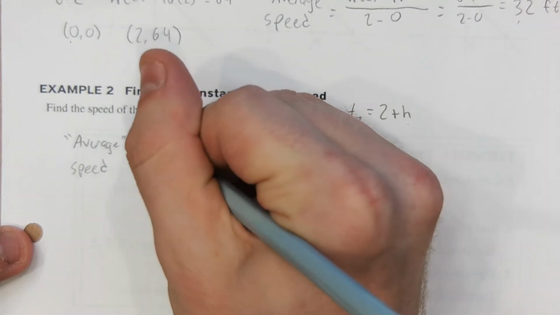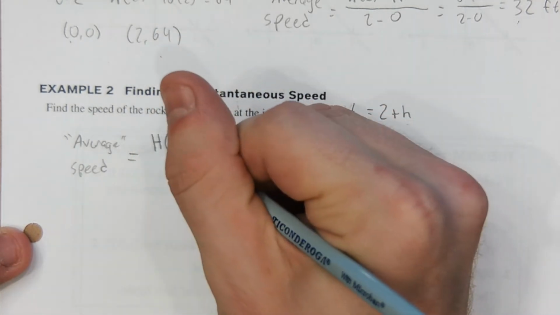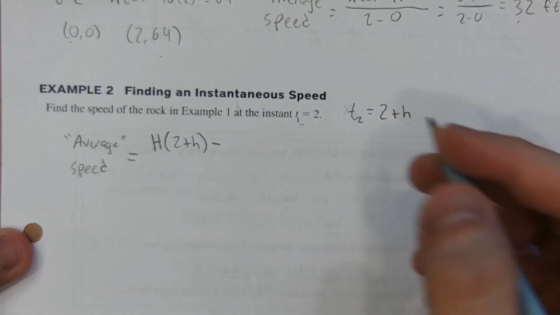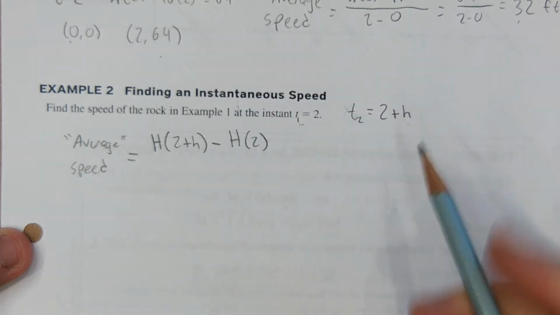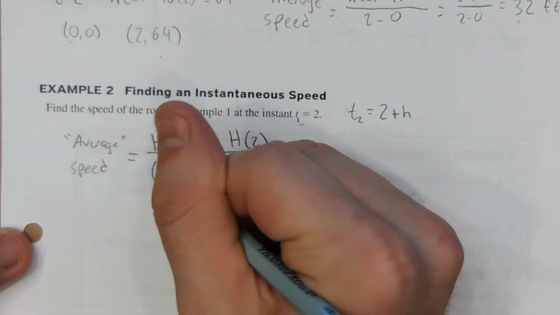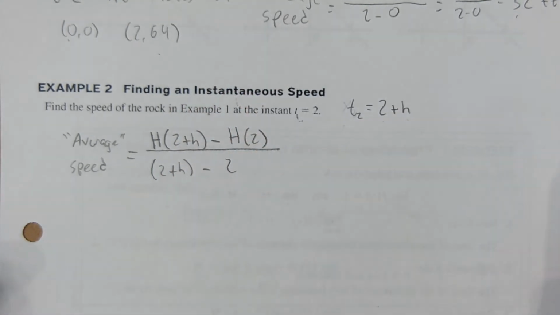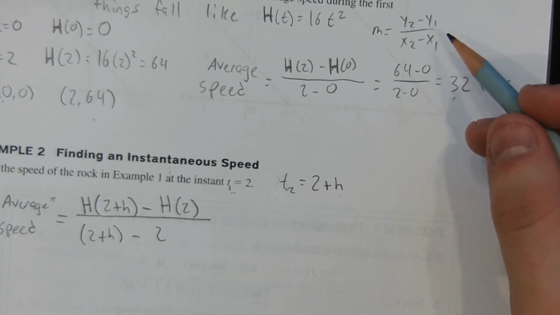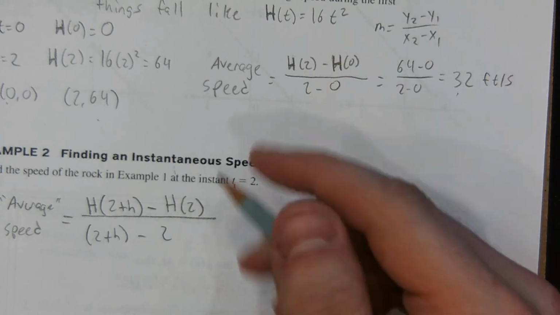So when you're plugging in t sub 2, it's going to look like this. And then you're subtracting, plugging in t sub 1, which, remember, we're calling 2 this time, over t sub 2 minus t sub 1. You see, we're just filling out this slope formula again. But we have to plug these things into 16t squared.